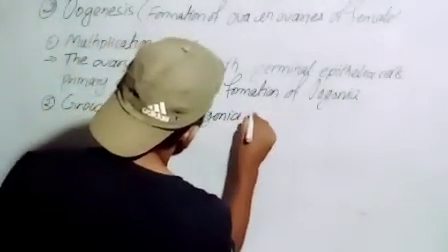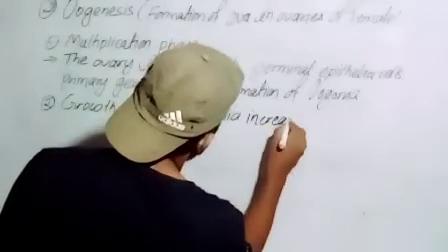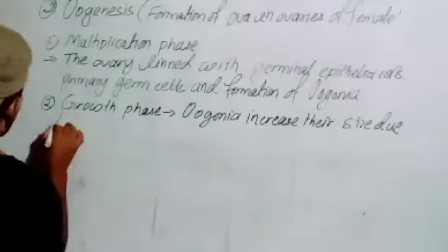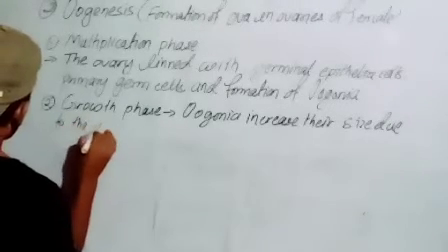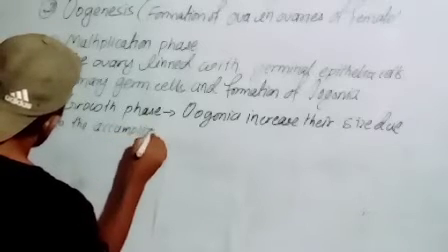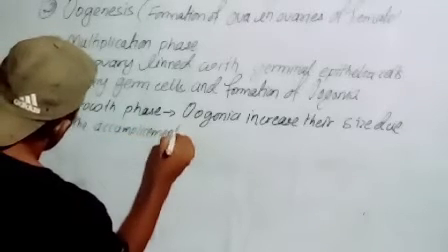In the growth phase, the oogonia increase their size due to the taking of yolk.